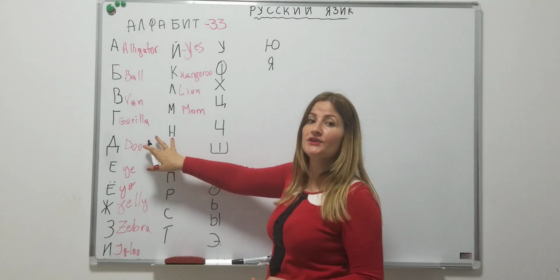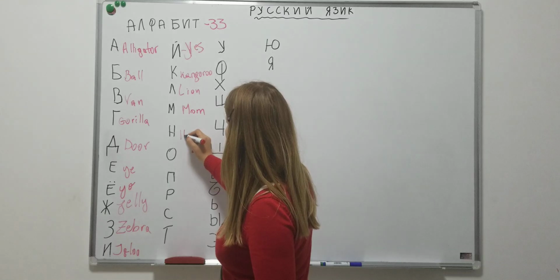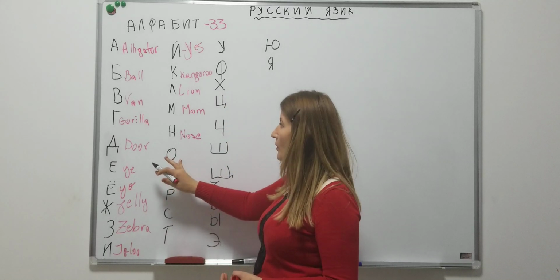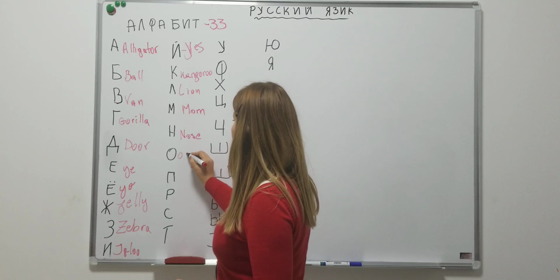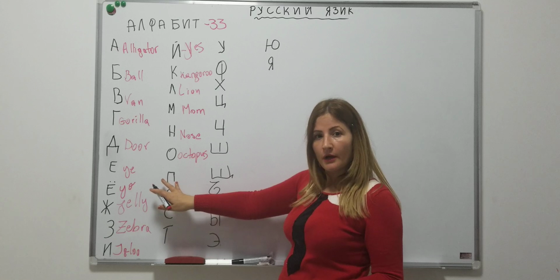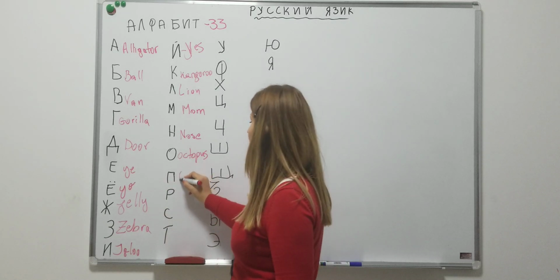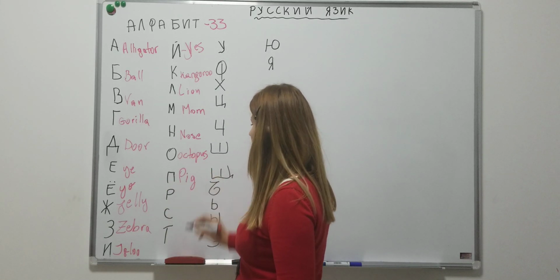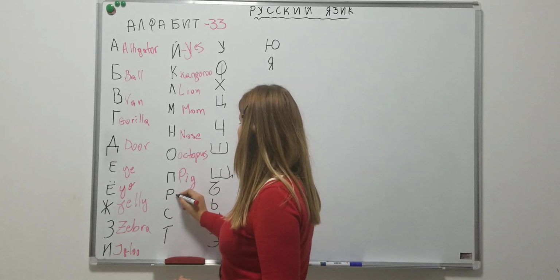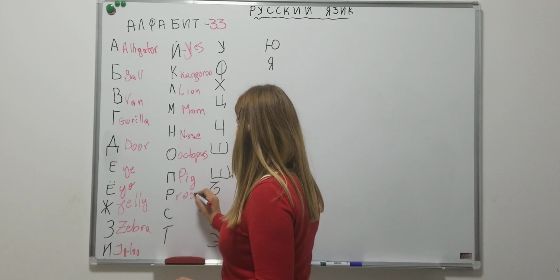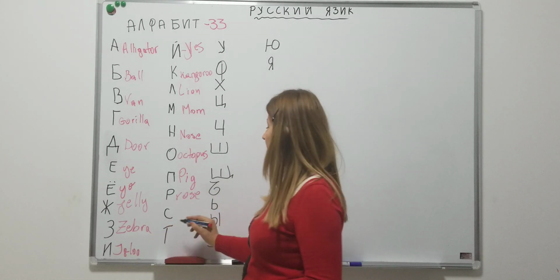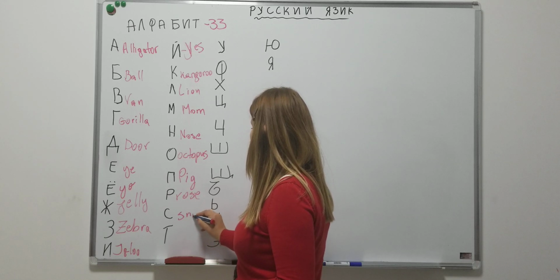N, n for nose. O for octopus. P, p for pig. R, r for rose. S, s for snake.